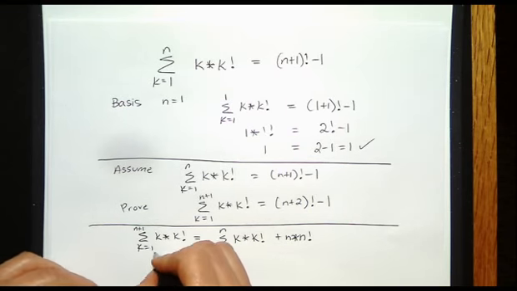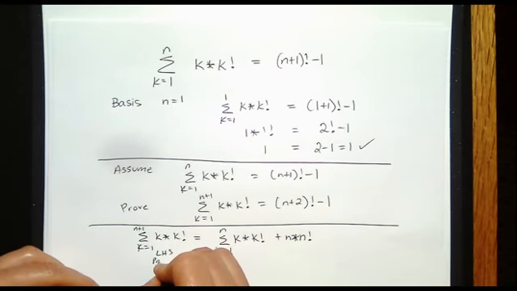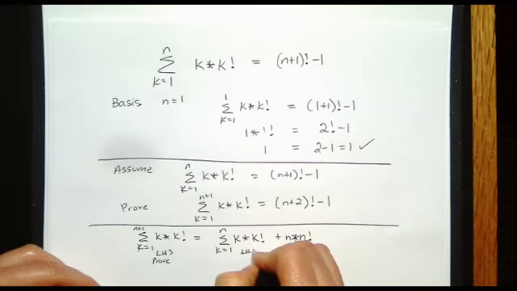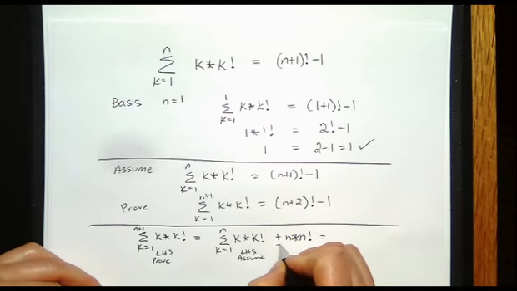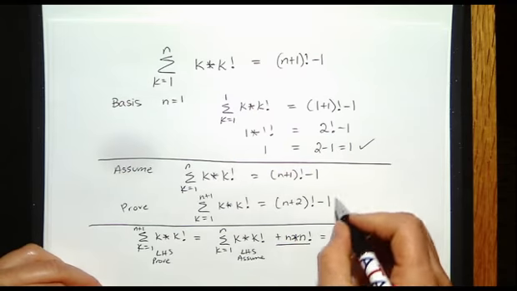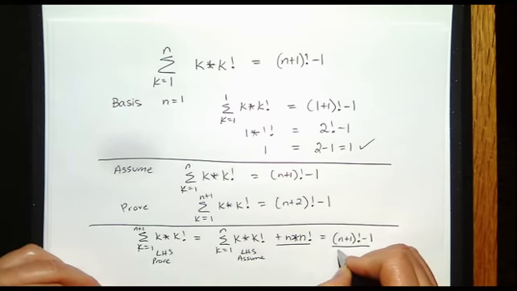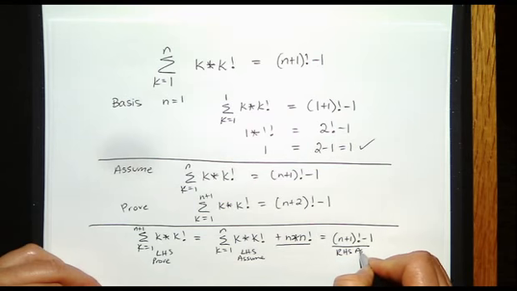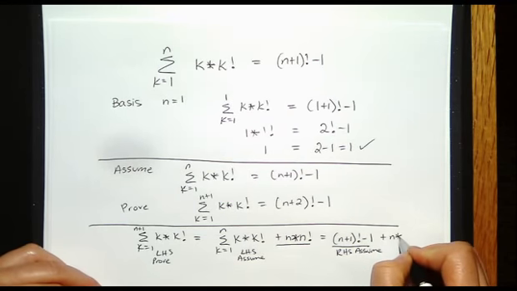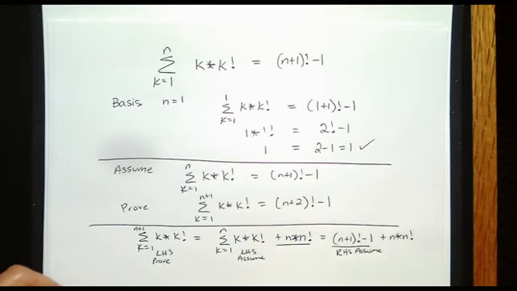And then I can replace the left-hand side of the assume with the right-hand side of the assume. So you still leave this here. The right-hand side of the assume says that that's n plus 1 factorial minus 1. So I'm just doing a substitution. And add n times n factorial, because that's what's over here.